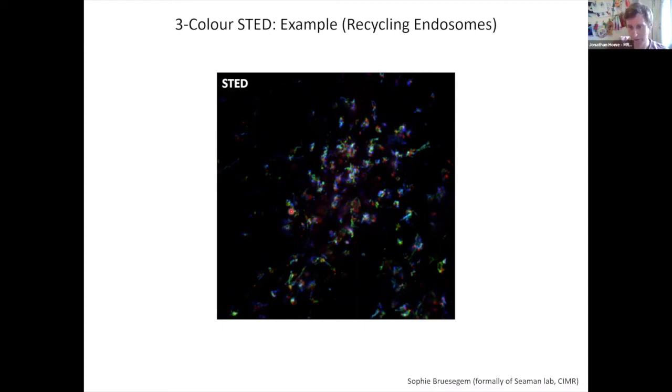What Sophie would have done would be to label one of these proteins with 3 secondary antibodies in 3 different colors, so that she could take a STED image and characterize the chromatic aberration, so that she could then apply a correction to a triple labeled sample to ensure that the enhanced resolution could be made best use of, essentially.